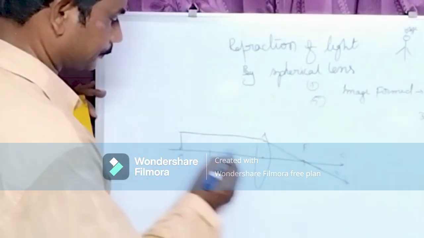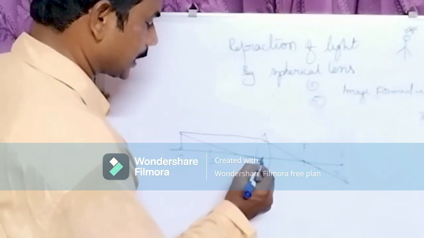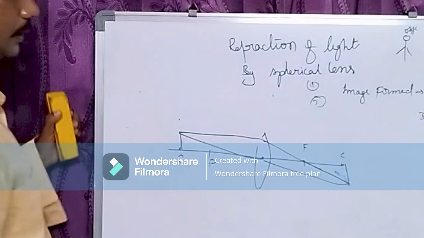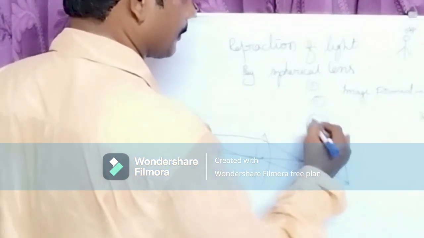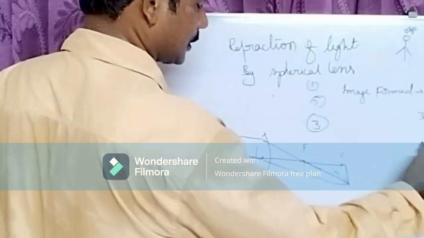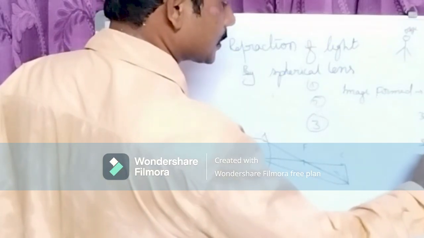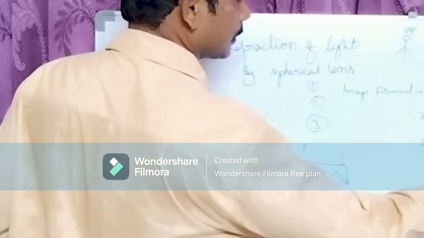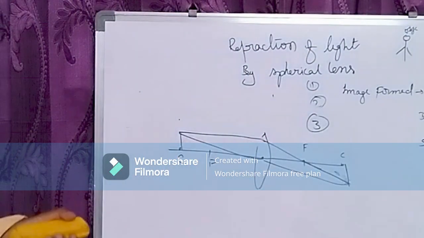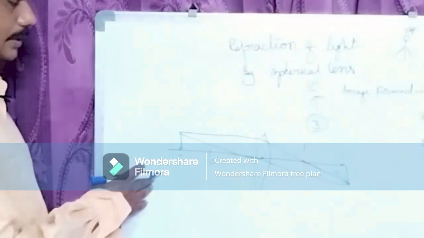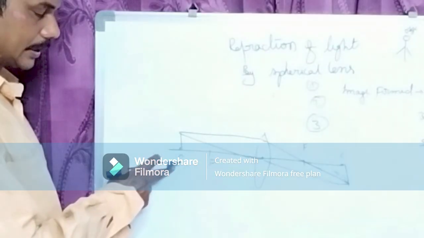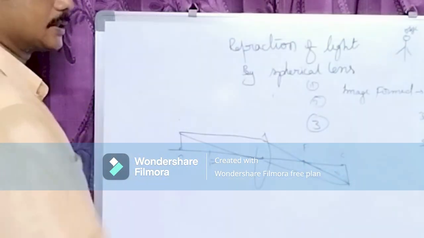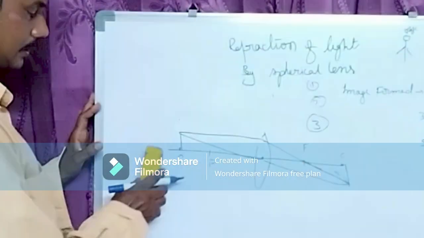Now another line will pass through the center, and forms the image here. Here in this third case, the image formed is of the same size, not diminished, same size and inverted. When the object is at the center, the image formed will be at the center and it is inverted.